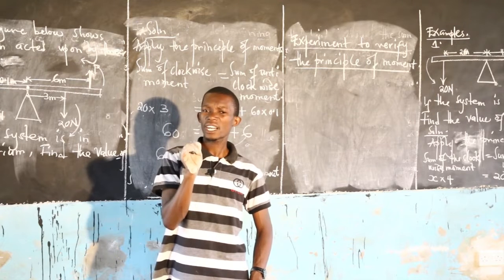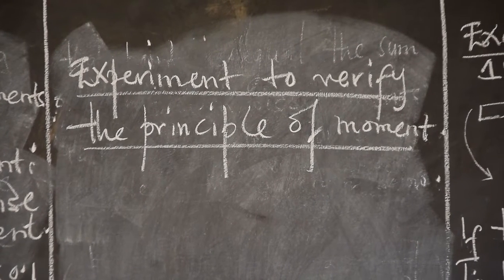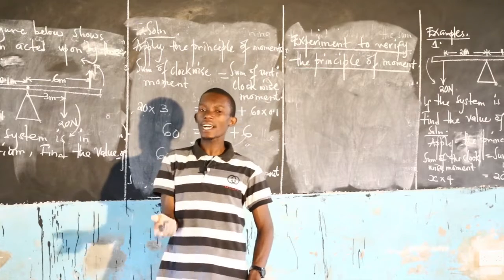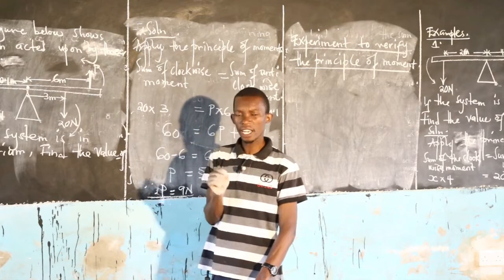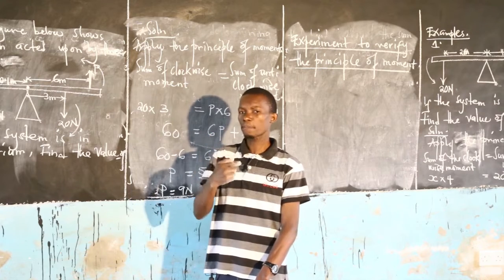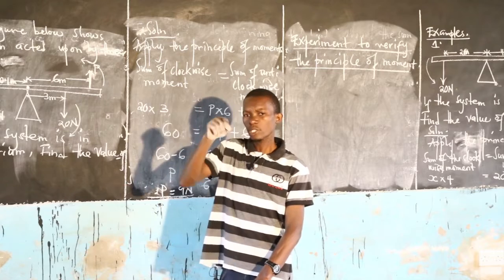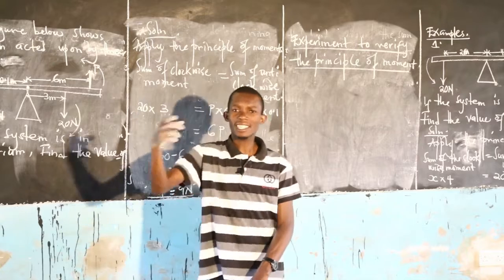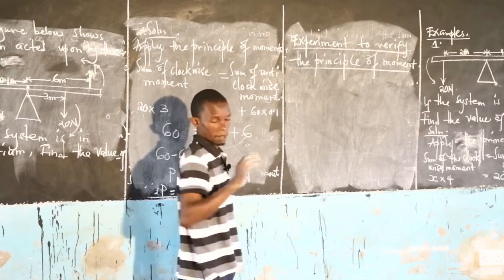We have the definition, the experimental part, or describe an experiment to verify the principle of moments, or to determine each and everything. And here also there is a part of calculation, and there is that part where you are going to explain why this one is like this or why it's like that. So you need to get to know that there is an experimental part.